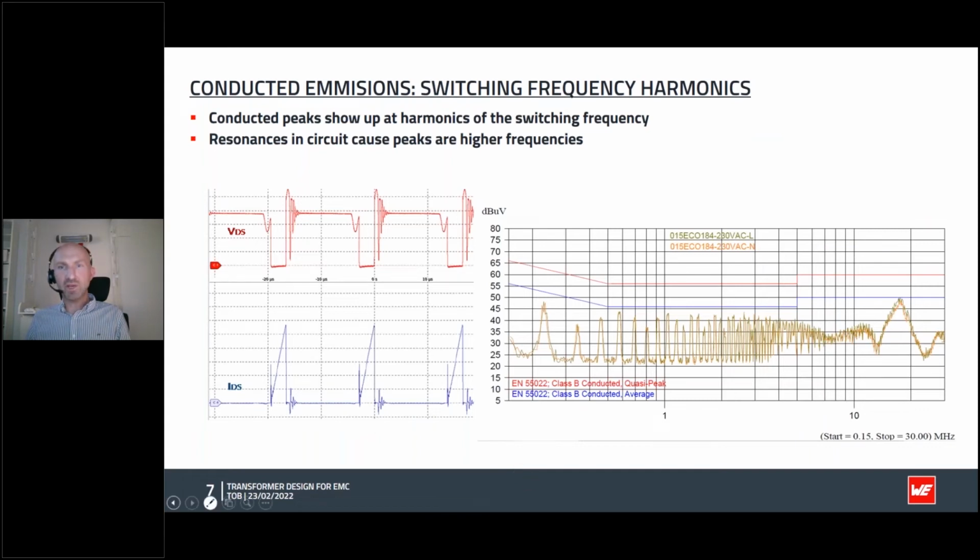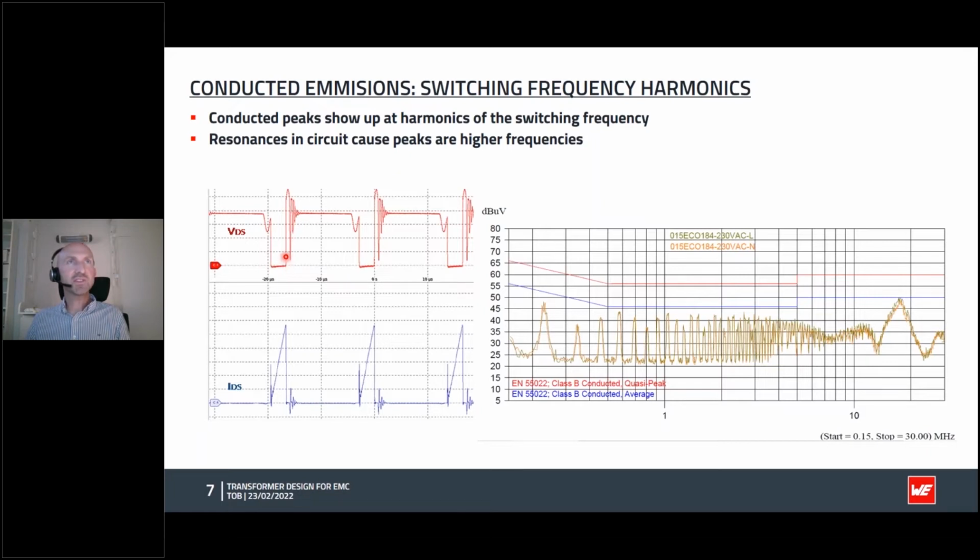Then here we look at a typical switching signal. This is actually from a flyback circuit. Here we have the voltage across the MOSFET, so the V drain to source voltage. And we can see here when we turn on the switch, we basically have no voltage across the MOSFET.